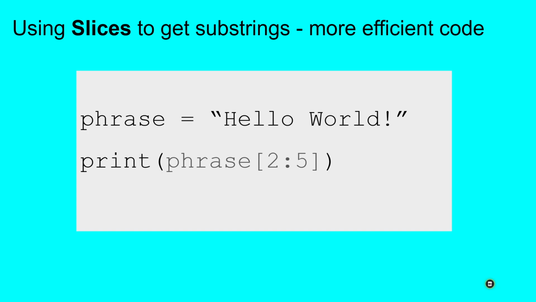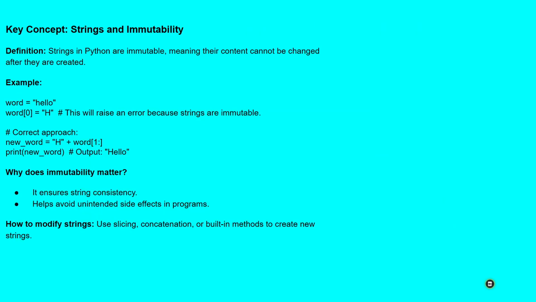So we can make this more efficient by simply adding that to a print statement so we can immediately see what will be printed. And just before we move on, we do want to add immutability to this. Whenever we use strings, they are identified inside of Python as being immutable, meaning that they cannot be changed after they are created. So you can't use the simple notation to replace an element inside of the string with a new letter.